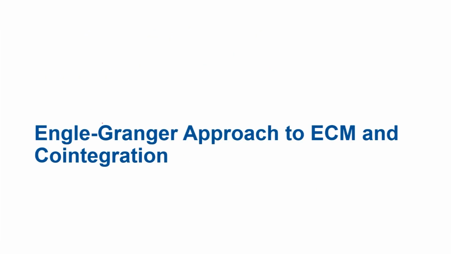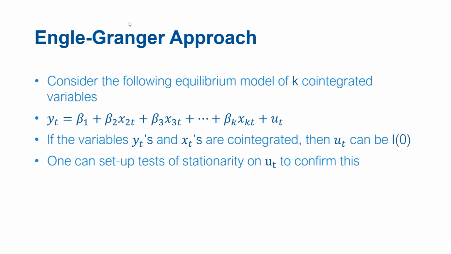In this video, we'll discuss the Engle-Granger approach to cointegration and error correction models. So what is the intuition behind the Engle-Granger approach? Recall, if a set of variables such as yt, x2t, x3t and so on up till xkt are cointegrated, so you have k variables that are cointegrated, a system of variables with cointegrated values, this model represents a sort of equilibrium where mu t can be I0.